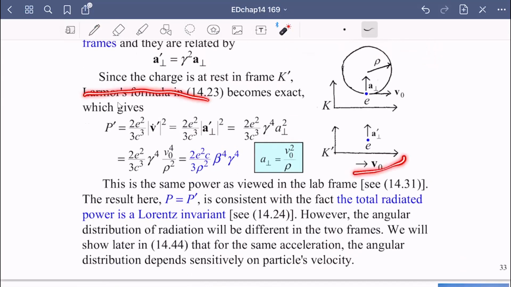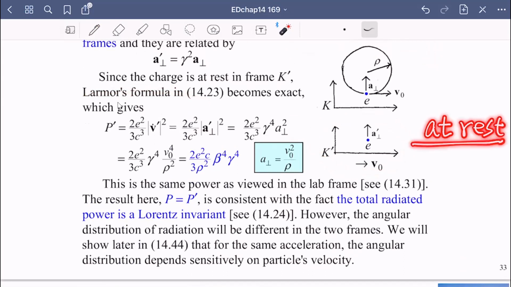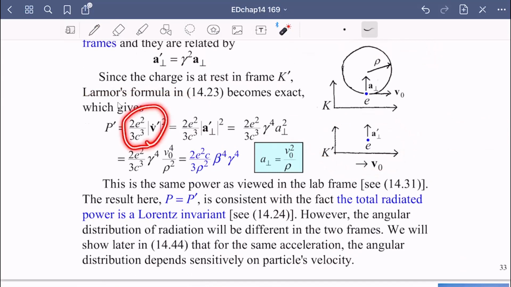So for this case, it's at rest, so we will use Larmor's formula: 2e squared over 3c cubed, gamma squared, v0 to the fourth divided by rho squared. So we can rewrite it into this form. Use this one divided by this one, it becomes beta.